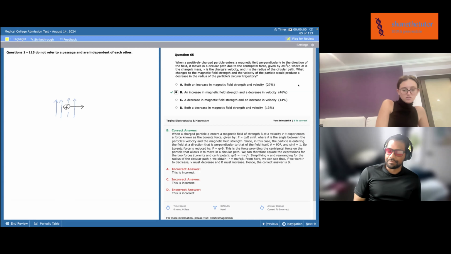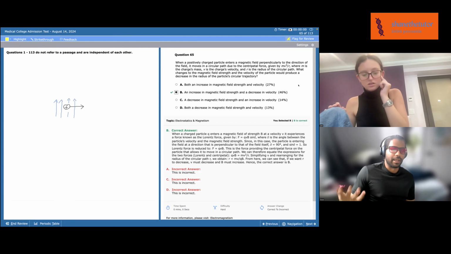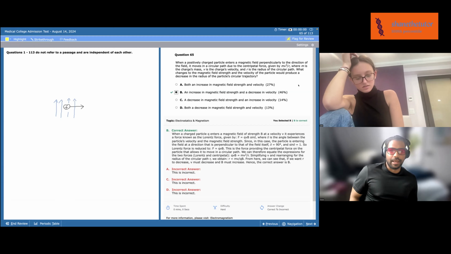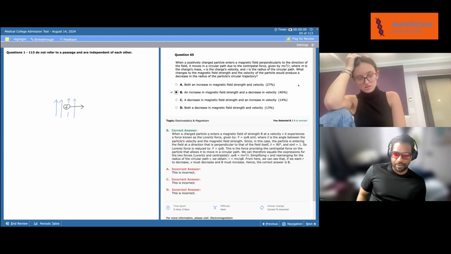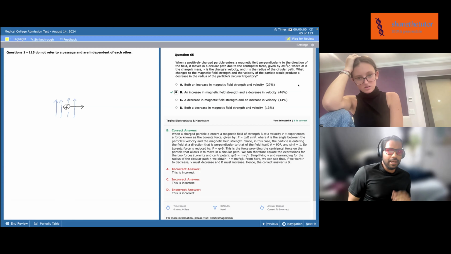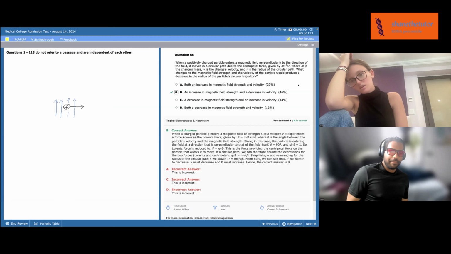But there is going to be a north and south end. Okay, so they're saying a positively charged particle enters the magnetic field perpendicularly to the field, and it moves in a circular path due to the centripetal force.